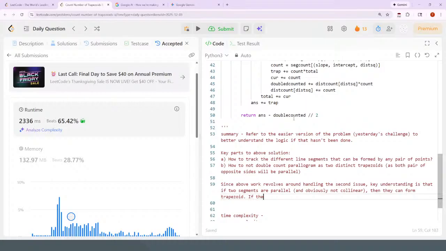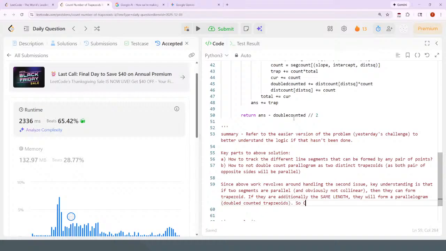If they are additionally the same length, they will form a parallelogram. So they will be double counted if you do a straight count. So double counted trapezoids.